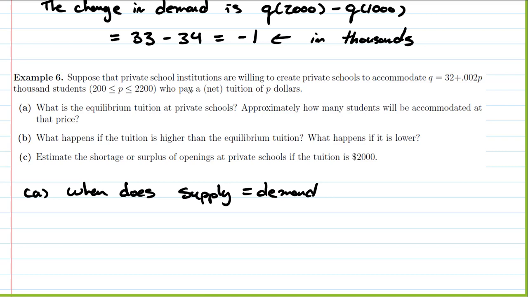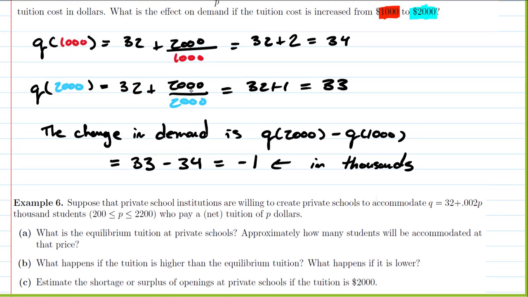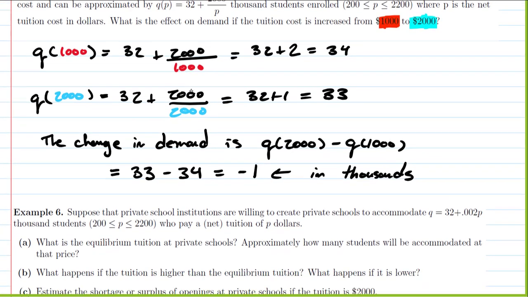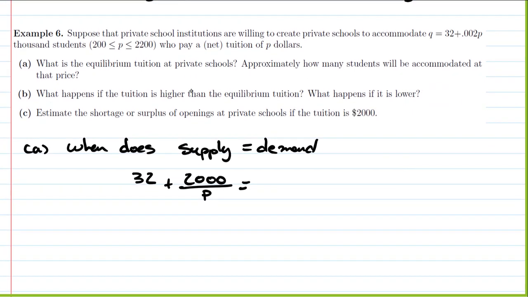We have from the previous problem 32 plus 2000 over p. That was our demand equation, and then our supply equation is given here, which is 32 plus 0.002p. And we need to solve this equation.